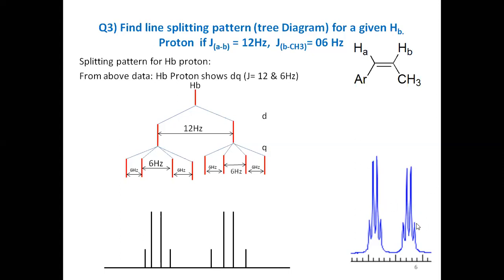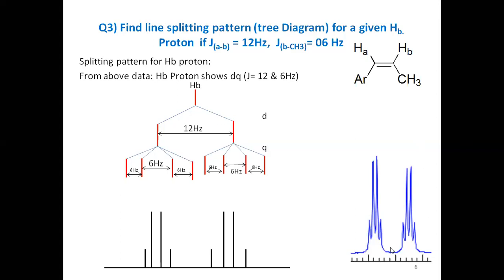So this blue is the actual peak observed in NMR. And how many lines? Let's count: 1, 2, 3, 4. So this is 4 lines. This also: 1, 2, 3, 4.